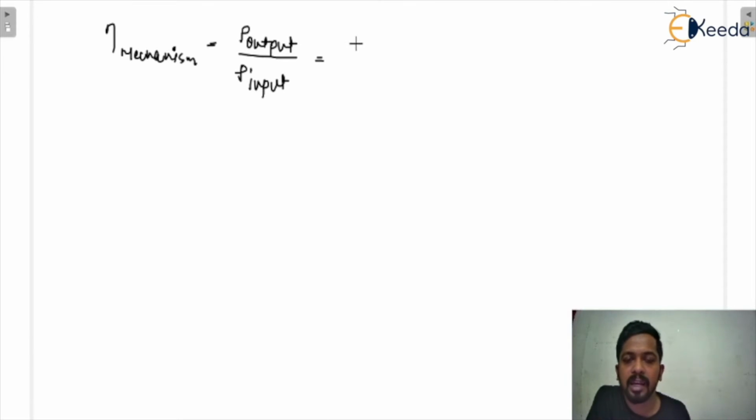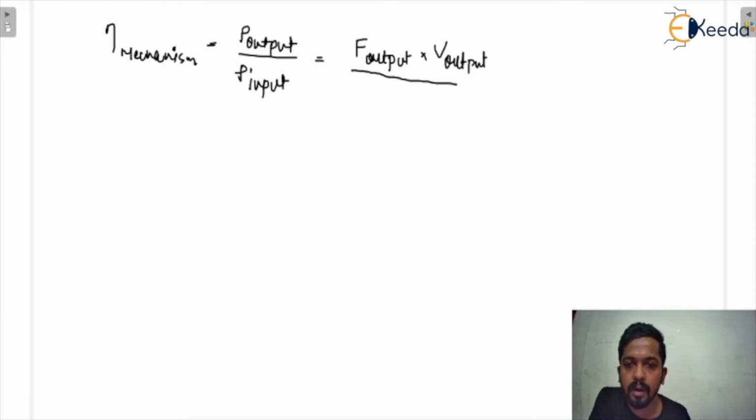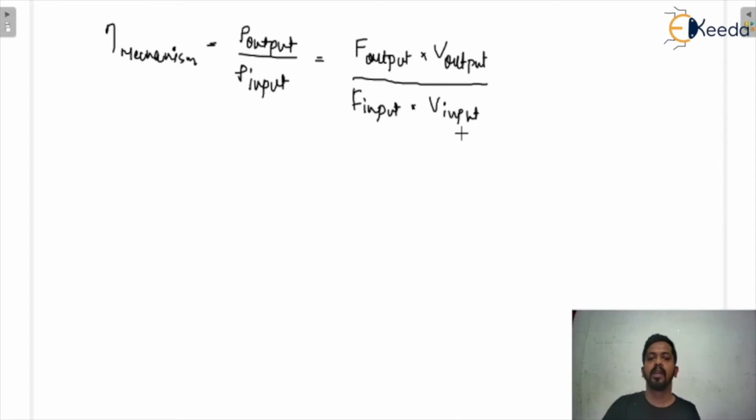So I can write either force at output multiplied by velocity at output upon force at input multiplied by velocity at input.